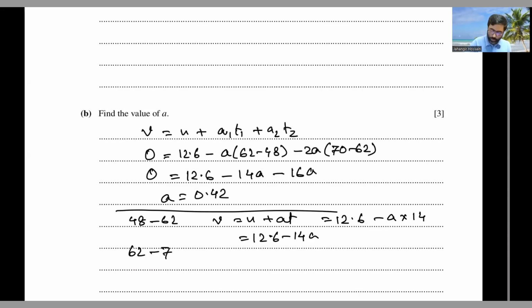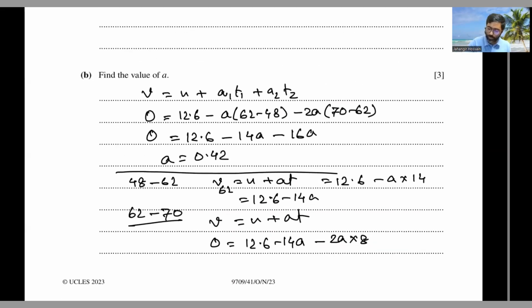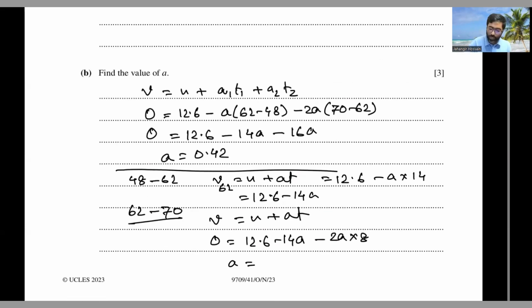And then 62 to 70 seconds, if you apply again v equal to u plus at, v is 0, u is the velocity at t equal to 62, 12.6 minus 14a, and here acceleration is minus twice a into time is 8. So you have the same equation here, and you also get the value of a equal to 0.42. Same thing, so you can do it directly.